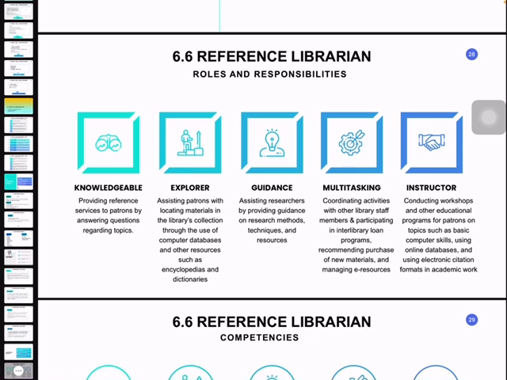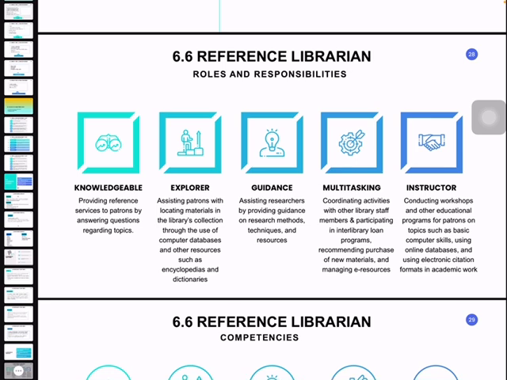Reference librarian need to be an instructor as well because they are conducting workshops and other educational programs for patrons on topics such as basic computer skills, using online databases, and using electronic citation formats in academic work. So, reference librarian also need to be an educator because they need to teach users on how to be an information literate person.